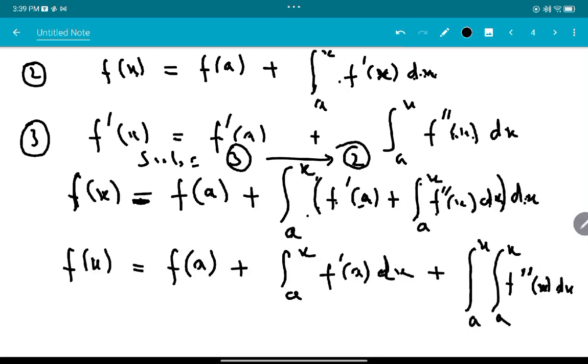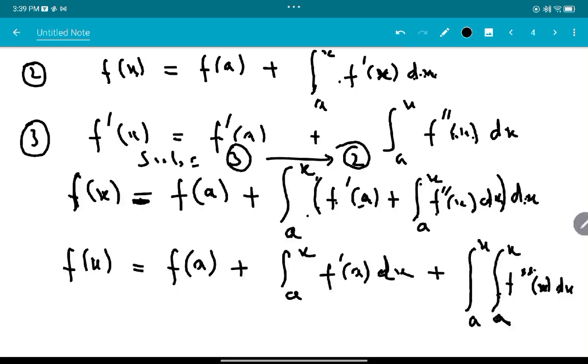This term is quite easy. Now go to this. We have an integral appearing twice, that is, it is a double integral. Now integral appearing twice, and we have this second order derivative. These are two integrals. These are two dx's.